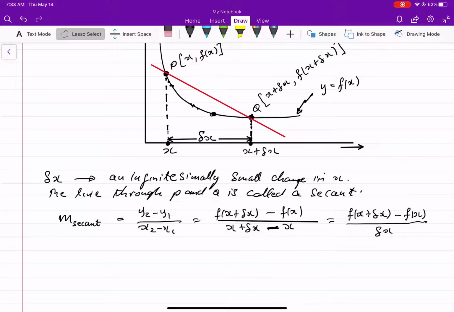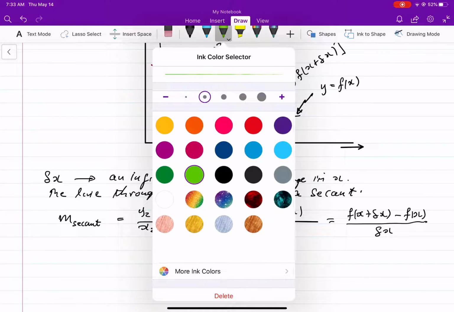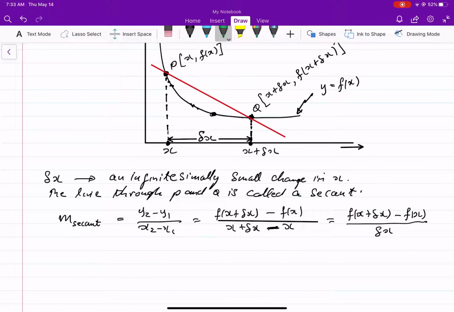So what would the secant PQ now look like? Well, let me draw that secant in a different color. Make it a hard green. The secant PQ now looks like this. P is fixed.